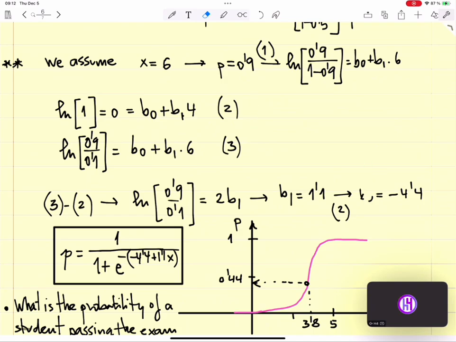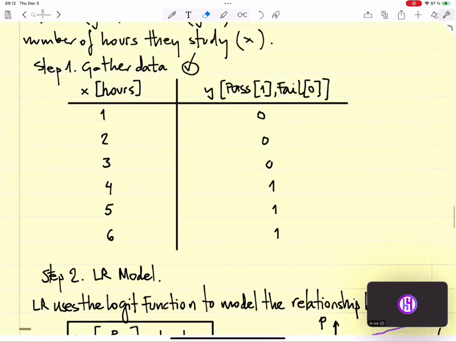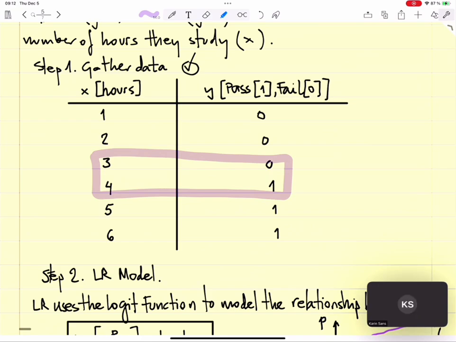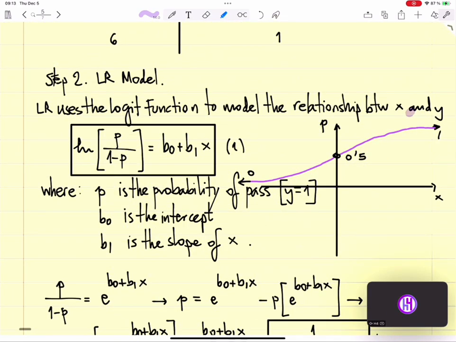Well, you don't figure it out. You have it in the data. Here between 3 and 4. Yeah, you need to figure out the coefficients of this, B0 and B1.